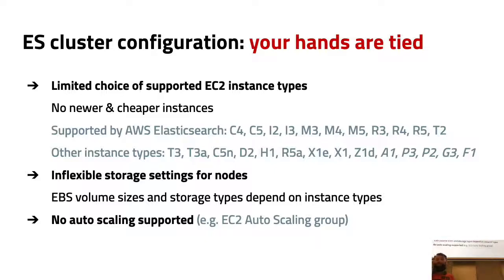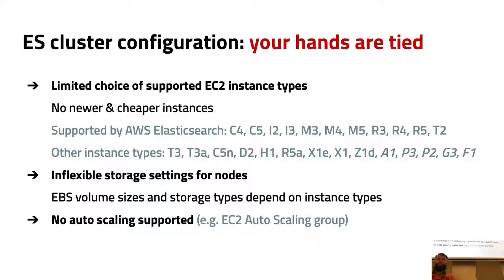Some, like the P3, P2 and G3 GPU instances, don't make sense in the Elasticsearch world, because Elasticsearch, even for machine learning, doesn't use GPU acceleration as far as I know. But for others, like T3 or newer generation instance types, it would totally make sense to use them because it would save costs.